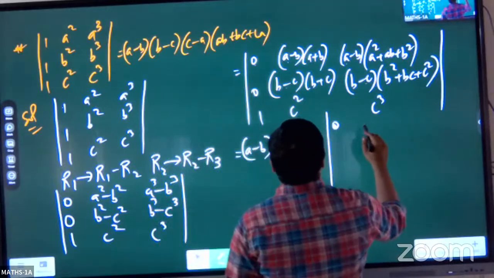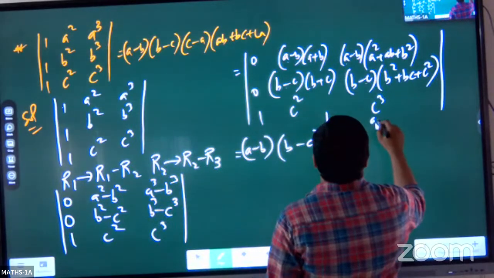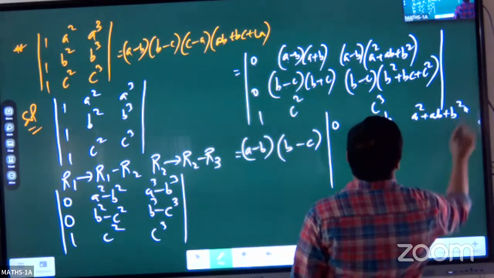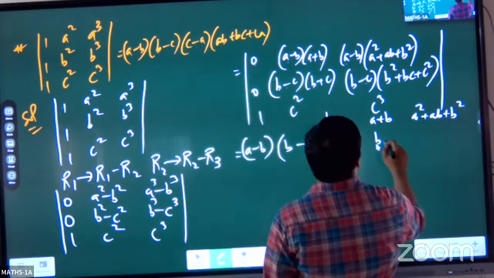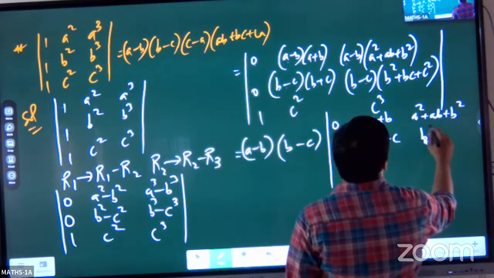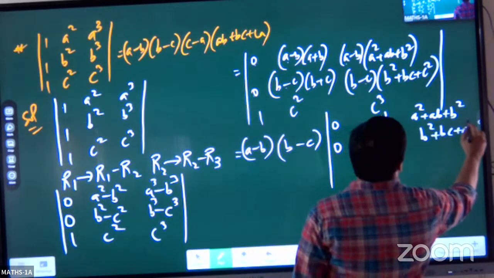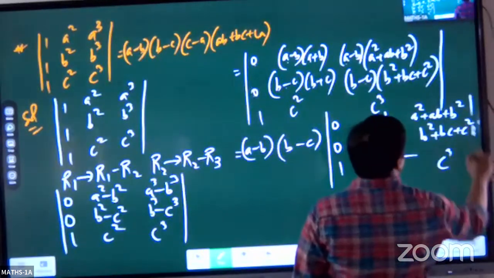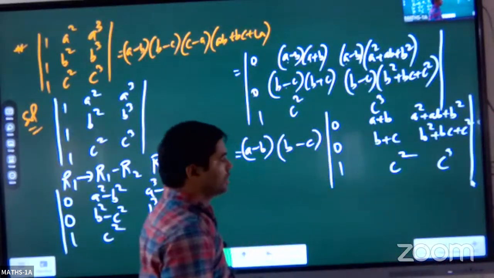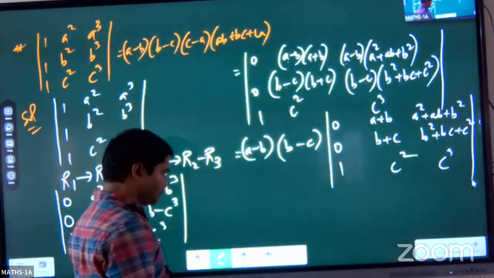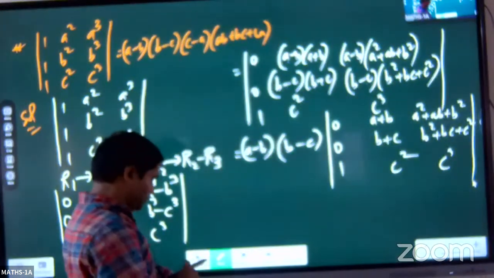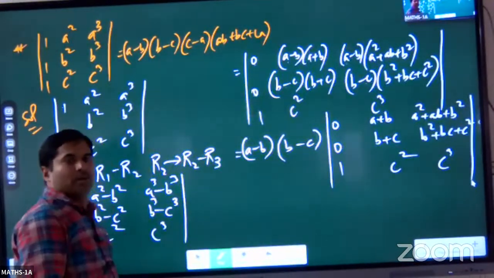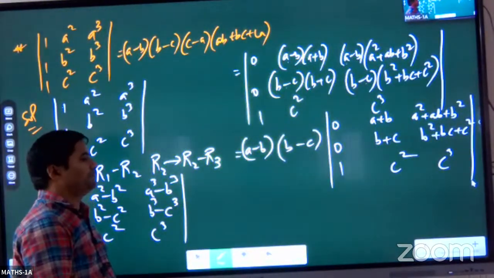Now 0, a plus b, a square plus ab plus b square, 0, b plus c, 1 c square c cube. Okay.